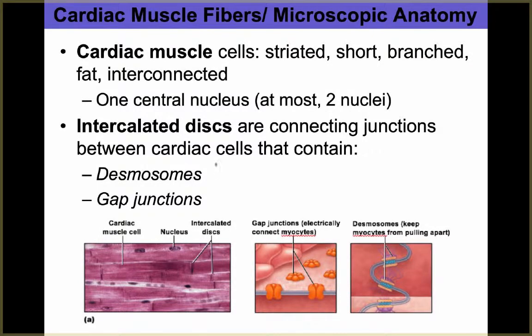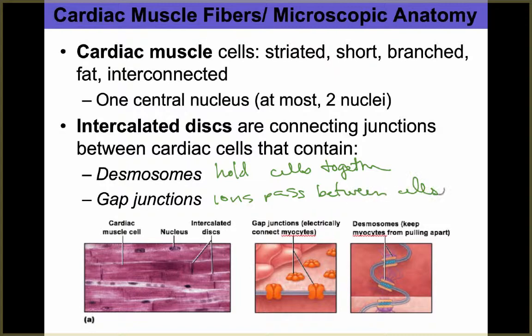So it helps to hold cells together, if you remember this from the first part of this class, and the gap junctions allow ions to pass between the actual cells. And so these intercalated discs are really, really important because they allow the heart to undergo what's called syncytium.